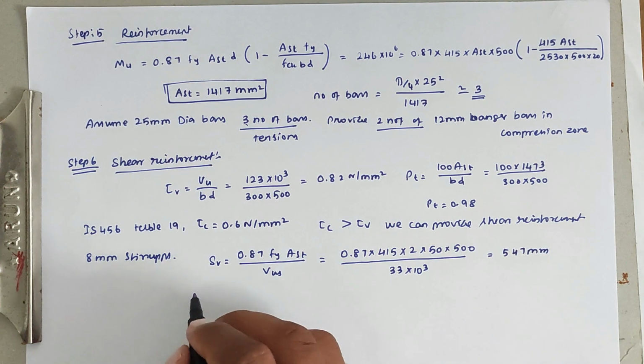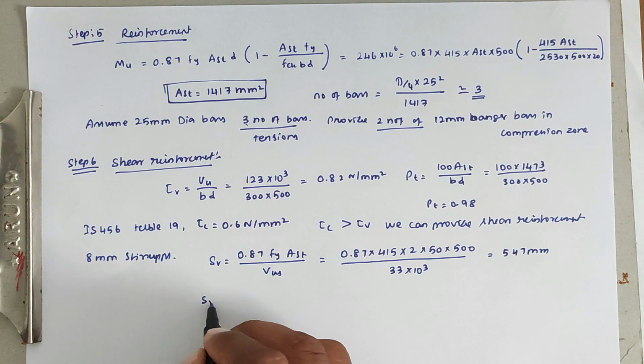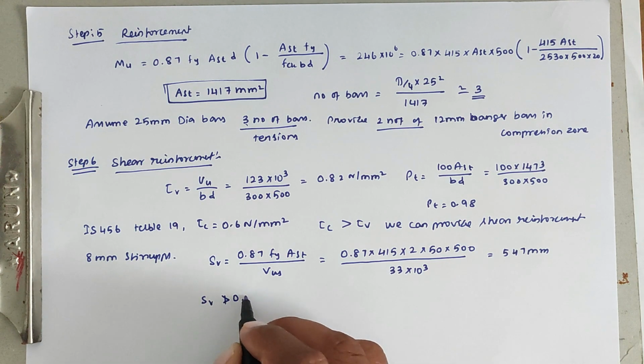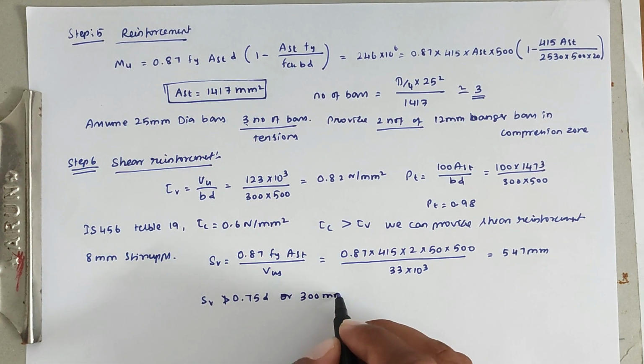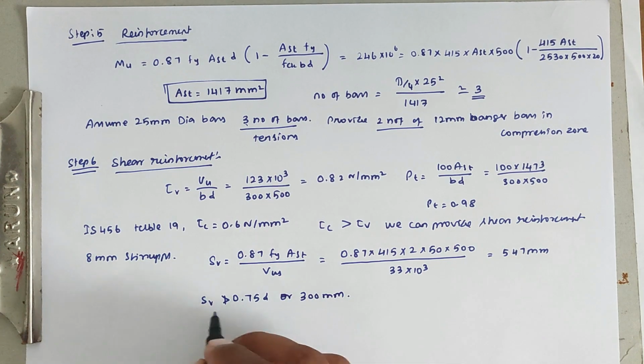Next, SV is not more than 0.75 into D, or 300 mm. Here 0.75 into D is 375 mm.